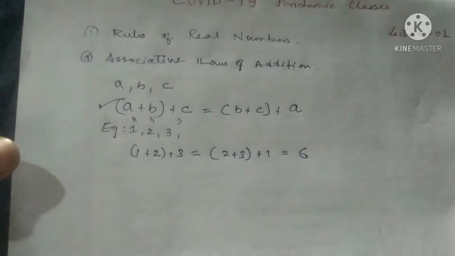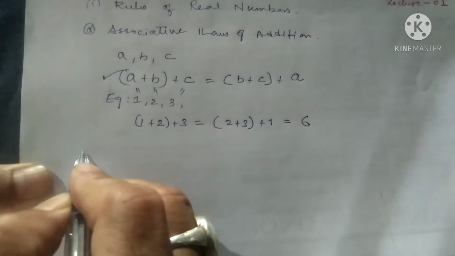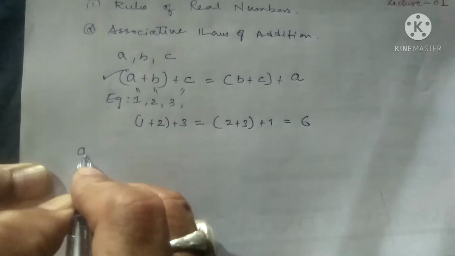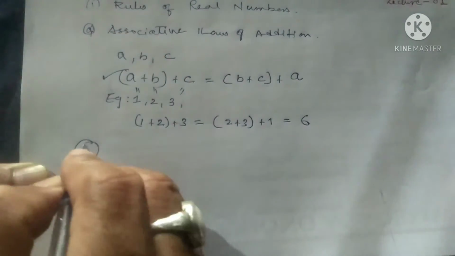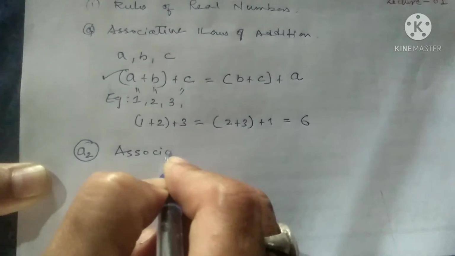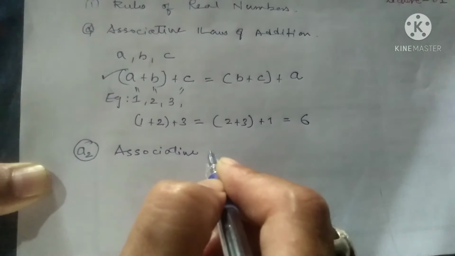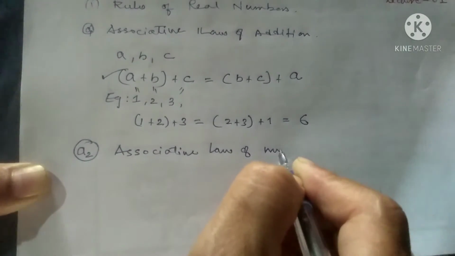This very same law is followed in multiplication as well. That is known as the Associative Law of Multiplication.